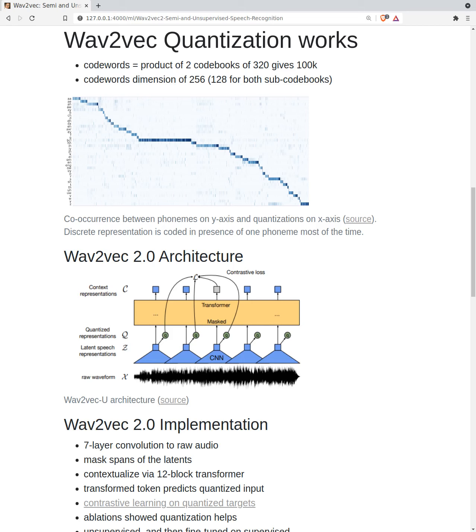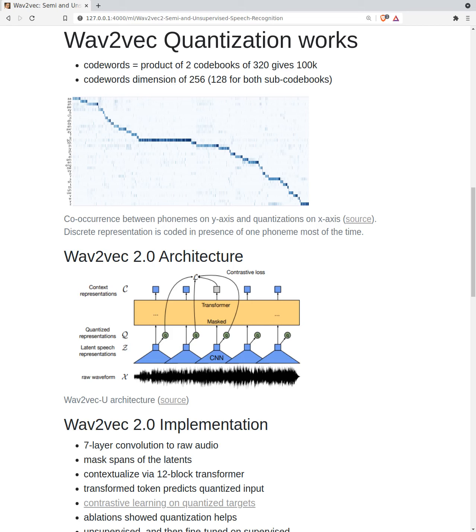So does this actually work, and why should it work? Well, what we are doing in that model is that we are taking some representations and mapping them into some discrete codebook. Why would we do that? Well, as I just mentioned, the sound of languages is composed of discrete pieces, discrete units, and those are the phonemes. In English, they actually did this analysis, and they found out that most of the discrete representations occur in presence of one single phoneme most of the time, right?